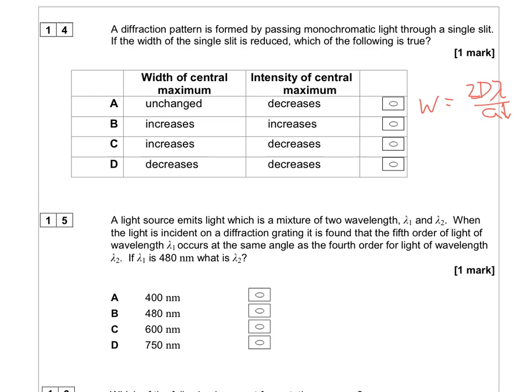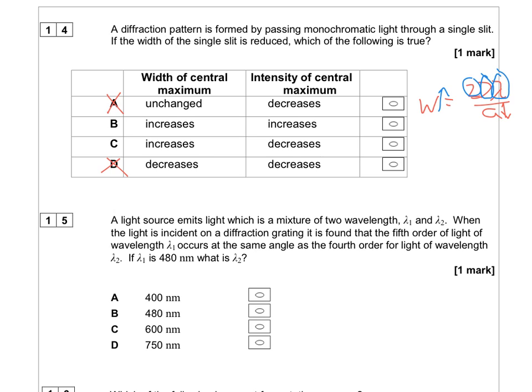So if it hasn't said anything about this, I guess we can assume these two are constant, because it's the same monochromatic light and it's the same setup. So those are going to be constant. Obviously the 2 is going to be constant, which means the width of the central fringe is going to increase. So the width of the central minimum, so anything that says the opposite of that will be wrong. So we can eliminate A and D straight away.